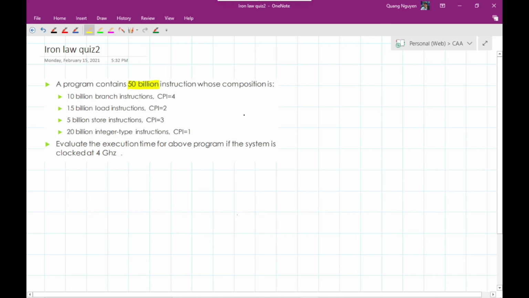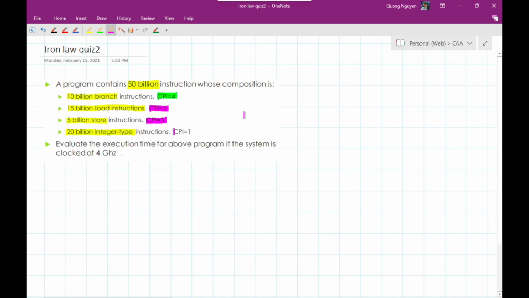A program contains 50 billion instructions, whose composition is 10 billion branch instructions, and each one takes 4 cycles to finish; 15 billion load instructions, which take 2 cycles to finish; then 5 billion store instructions, and each takes 3 cycles to finish; and the last one is 20 billion integer type instructions, and each takes 1 cycle.